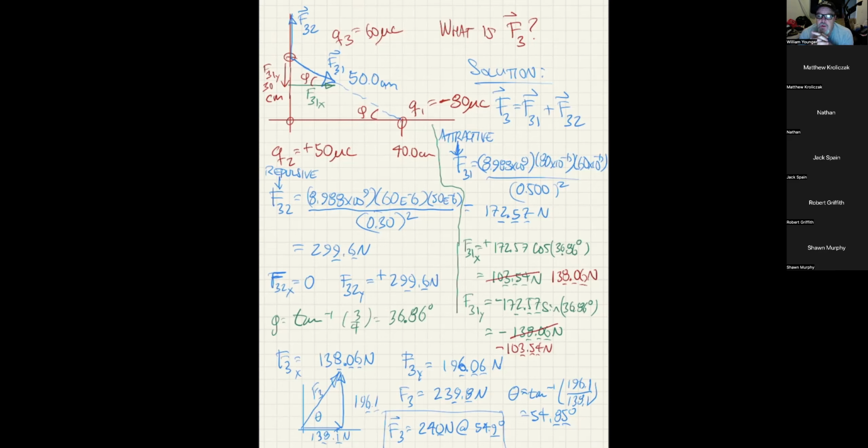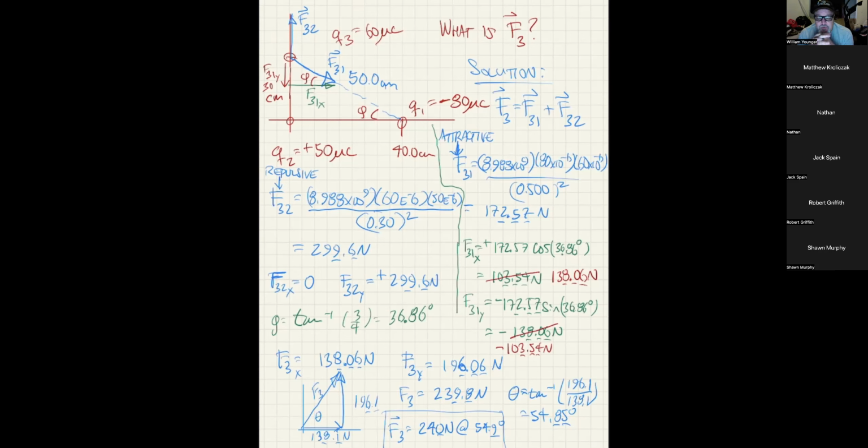And if so, how big would that charge be and how close would it need to be? And is that a unique answer? Is that the only answer it could be? Could you do a positive charge somewhere else, or could you even do a negative charge? Anybody have any sense of what the answer to those questions are? Not necessarily give me the numbers, but, aren't there infinitely many solutions along the line of 54 degrees?